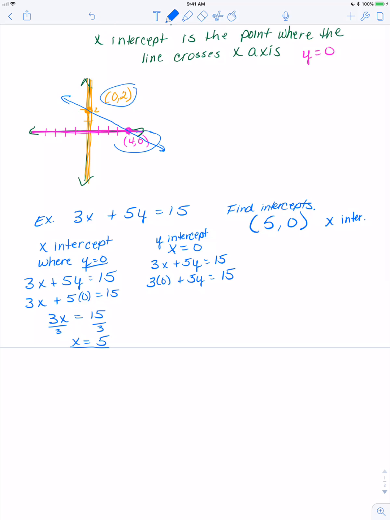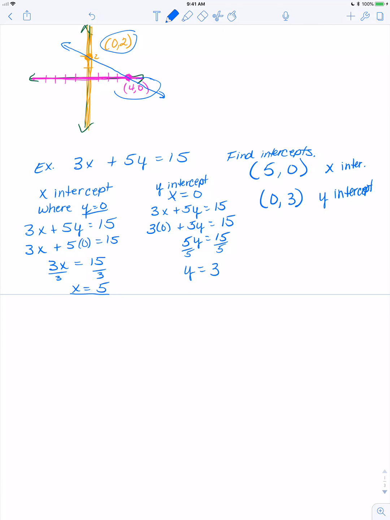Anything times 0 is 0, so we're just left with 5y is equal to 15. So divide both sides by 5, solving for y, and y is 3. Remember that ordered pair then is 0, 3, and that is your y-intercept. So we could easily graph this just by plotting those 2 points and drawing a line between them.